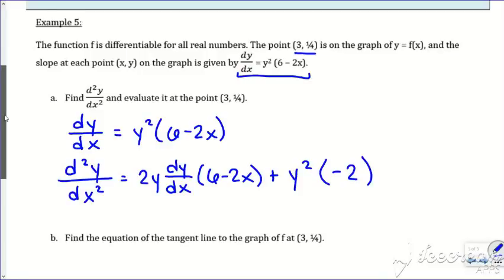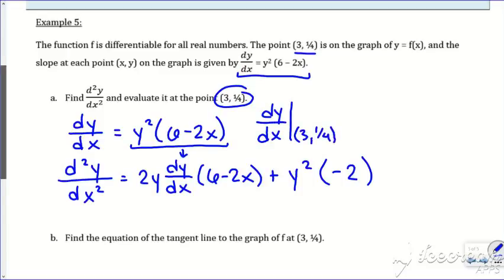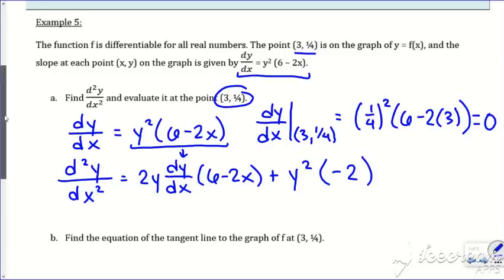Okay, and here's where you would be like, oh, I don't want to plug this whole thing in right there. But I can evaluate this to start at (3, 1/4). So if I do dy/dx at (3, 1/4), I'll get 1/4 squared times (6 minus 2 times 3). Well, awesome. That's going to be 0.